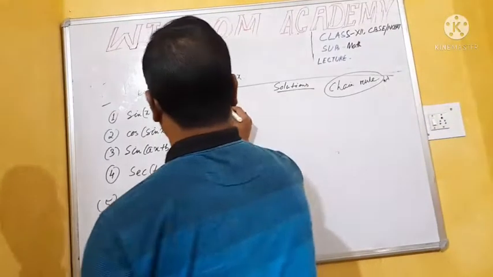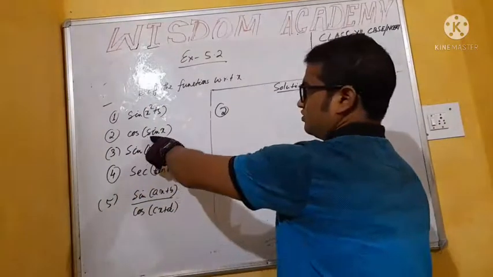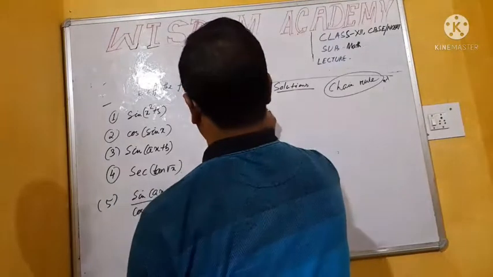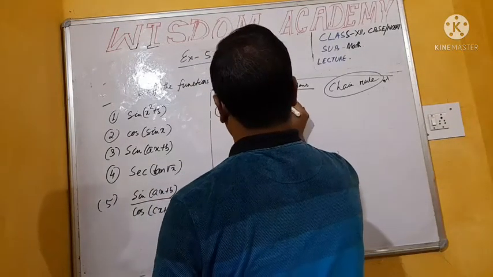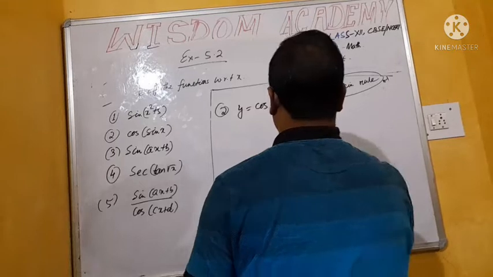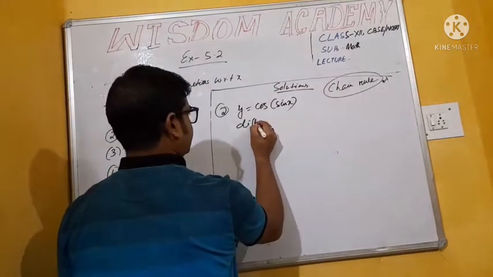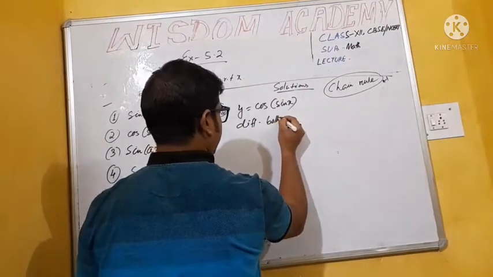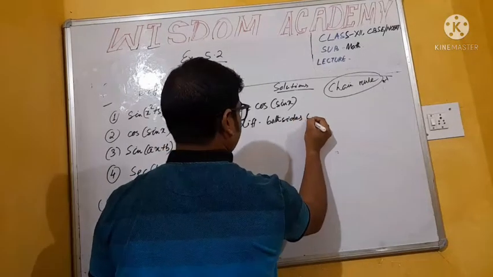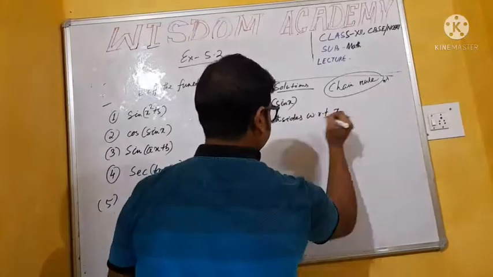Students, number 2 question. Cos of sin x. Let y is equal to cos of sin x. So, write down, differentiating both sides with respect to x.